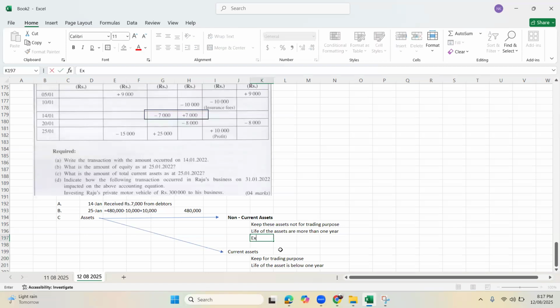Examples: land, building, then motor vehicles, then office equipments, then furniture and fittings.